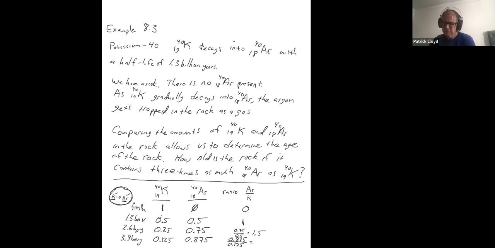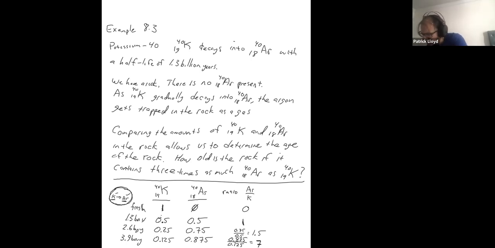Sorry. 875 divided by 125. Seven. Okay. So if you take a look at this ratio is 7.